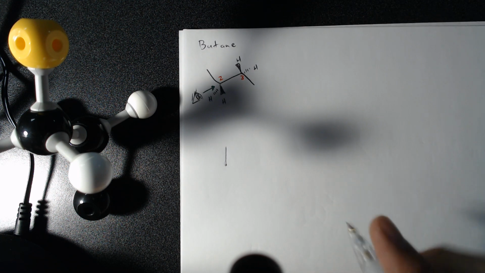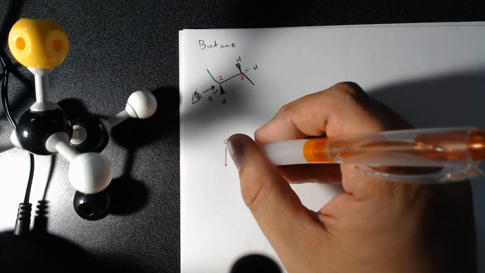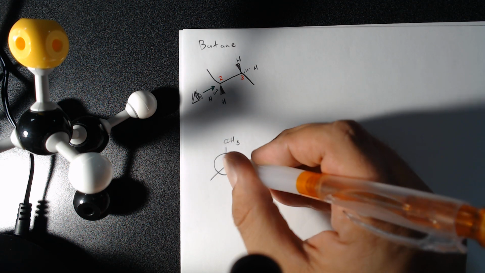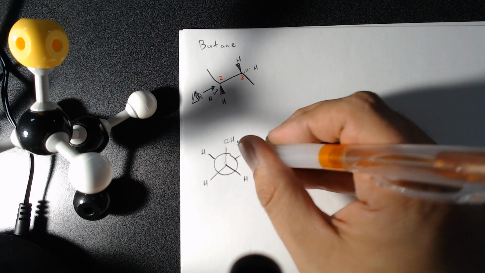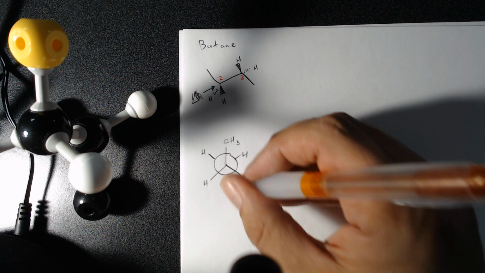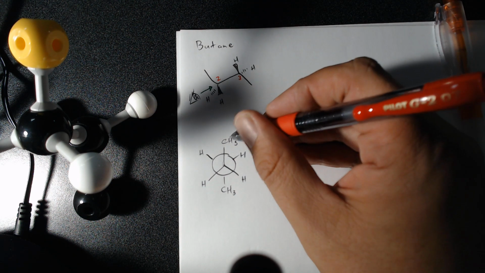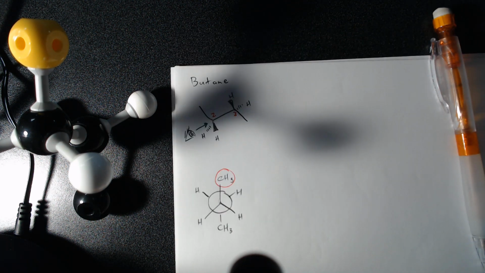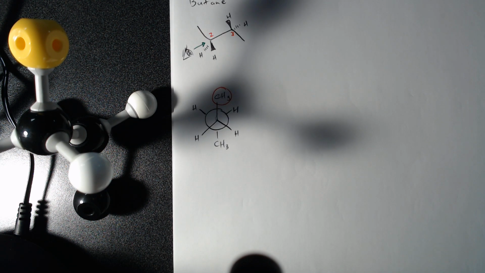That is a CH3. You could put it as CH3 or put Me for short. Filling in my H's now. And then we have the back CH3. Actually, I think I'm going to do the graph below it. It looks like I didn't leave myself enough space there.